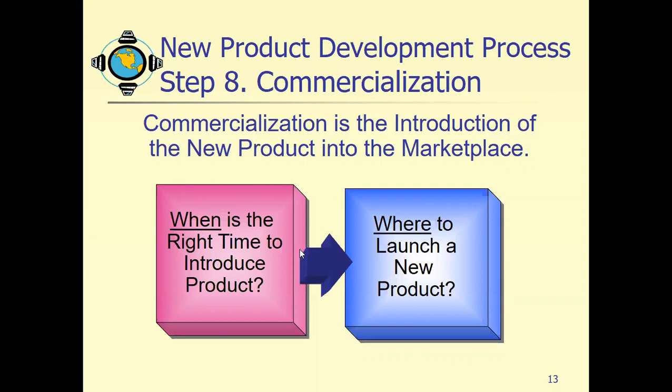So after maybe 1 month, 6 months, 1 year, or 2 years of test marketing, when you are confident, when you are confirmed that yes, this product will do better in the market, then you can go for commercialization. So when is the right time to introduce the product? That depends on you and your research.